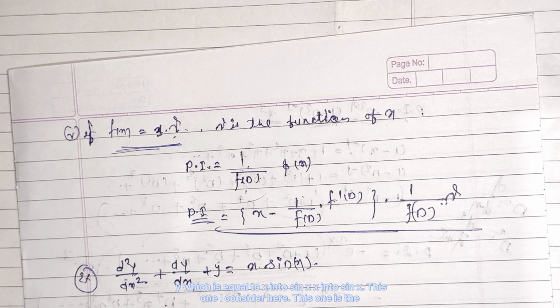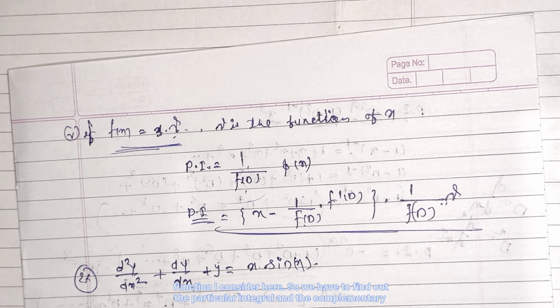We have to find the particular integral and the complementary function too, that means the complete solution. This is an important question asked several times in your university question paper, important for SPPU. It is one of the easy examples, nothing difficult here.